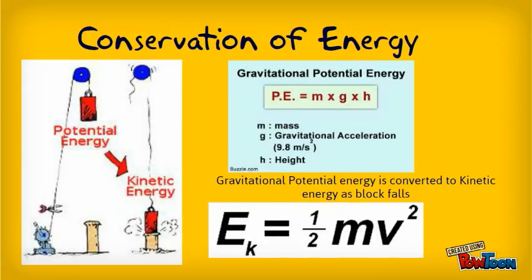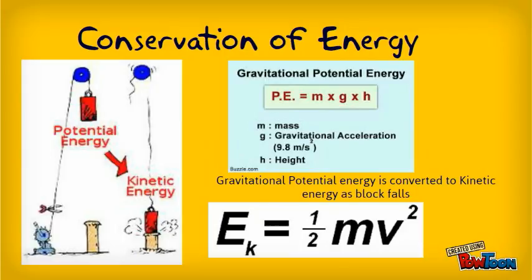So if you know what the potential energy is of the block, which you can calculate from mass multiplied by g multiplied by h, which is the height above the earth, and you let it fall, then you know that at the point it reaches the earth, all of that gravitational potential energy will have been converted into kinetic energy, and the equation for kinetic energy is a half mass multiplied by the square of the velocity.